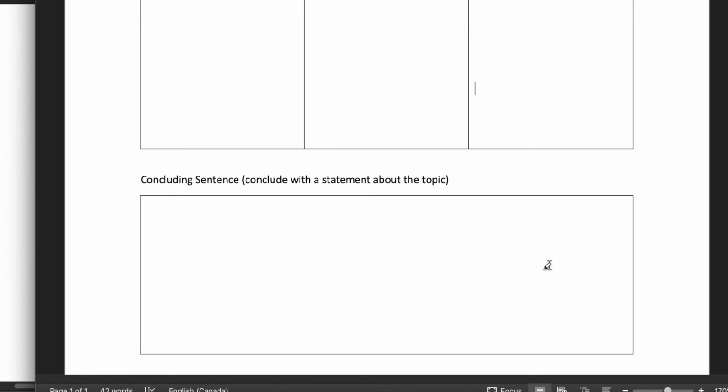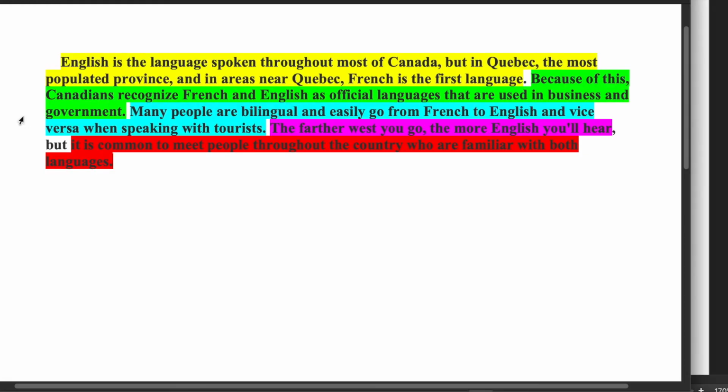But remembering that expository paragraphs are informational and factual, something like a fact, like 25% of Canadians are bilingual or something like that, would be more appropriate to be a hook, right? Rather than, do you speak English and French? Okay, so those are things to be keeping in mind.